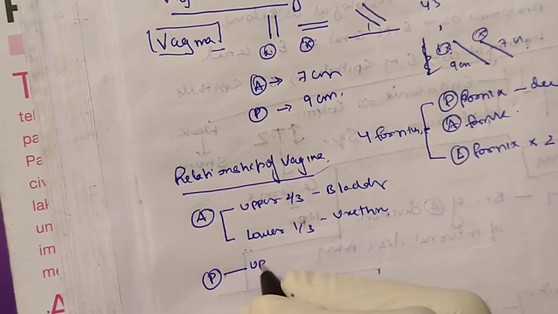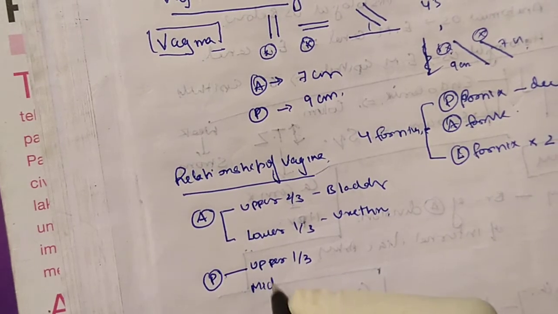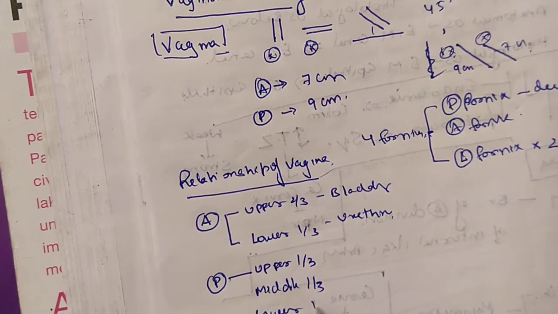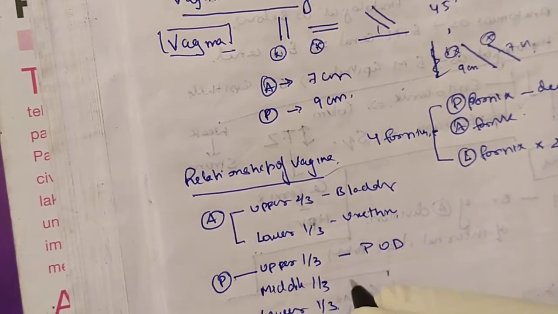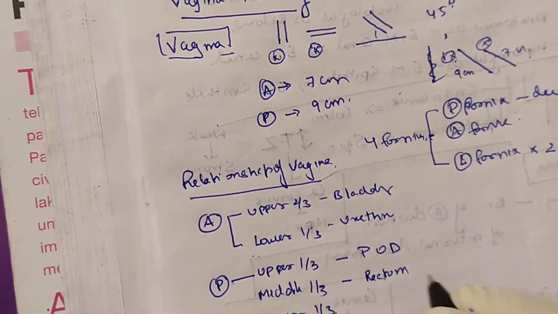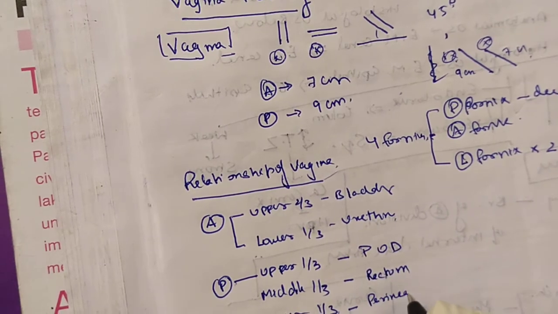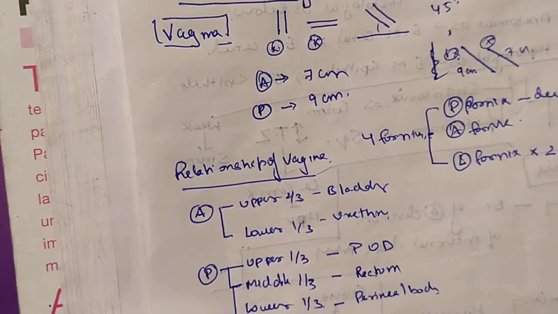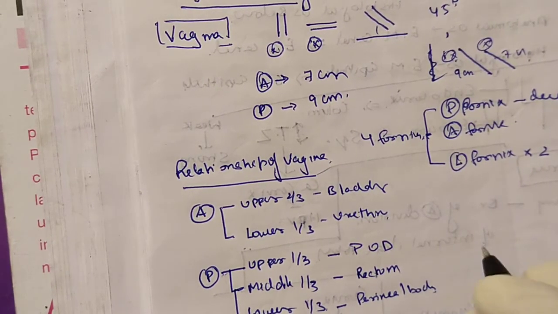Posteriorly, upper 1/3, middle 1/3, and lower 1/3. Here we have the POD, pouch of Douglas. Then we have the rectum in the middle 1/3. Then we have the perineal body. So if you can imagine this, POD, rectum, and perineal body being the lowest part.